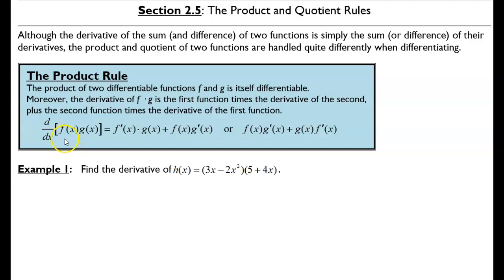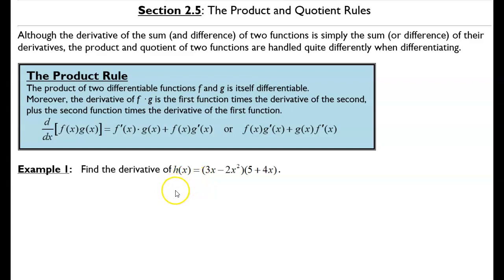And so when I take the derivative of f times g, it's f prime times g plus f times g prime. So notice I just take the derivative of one part at a time, multiply it by the regular other function. I could switch the order around because addition is commutative. That means the order doesn't matter. So you'll know you need to use product rule if you see two different functions being multiplied together.